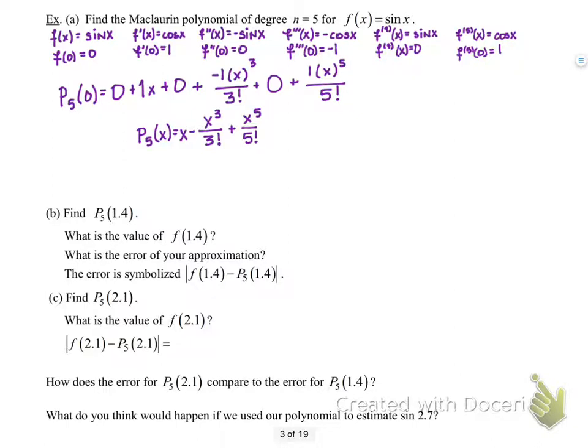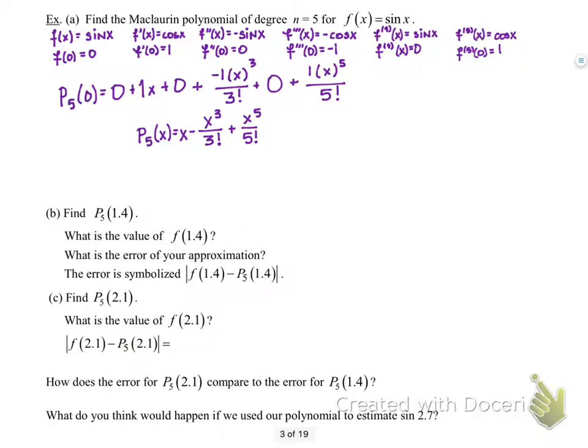So now we're going to go on to B and C, and this is all in your calculator. You're going to use your calculator to find the Taylor polynomial series value at 1.4 and the function's value at 1.4, and that helps you figure out the error of your approximation. And you also figure it out at 2.1.